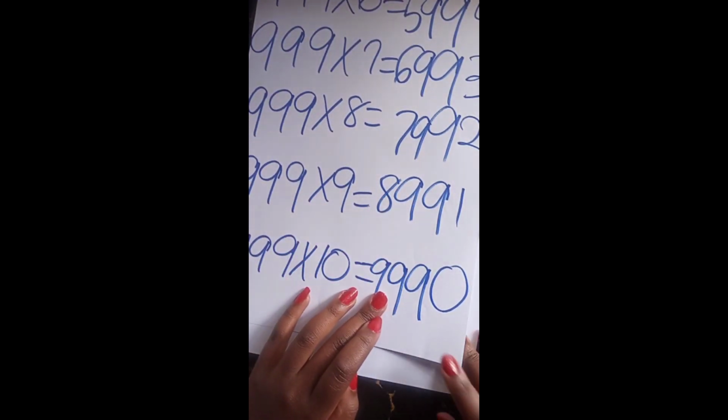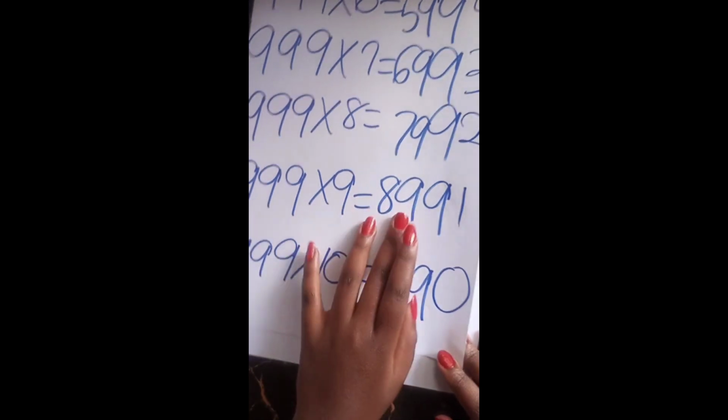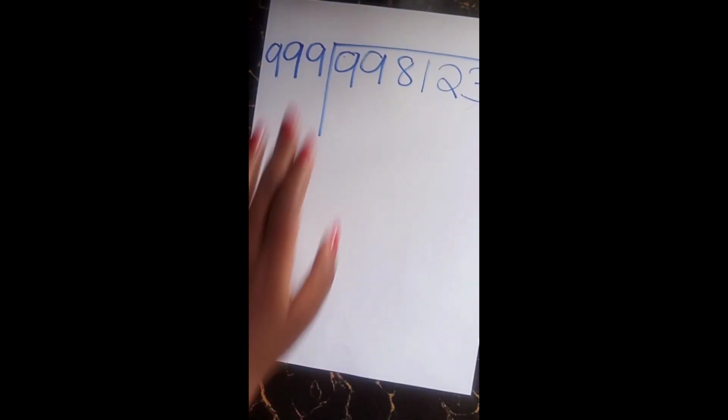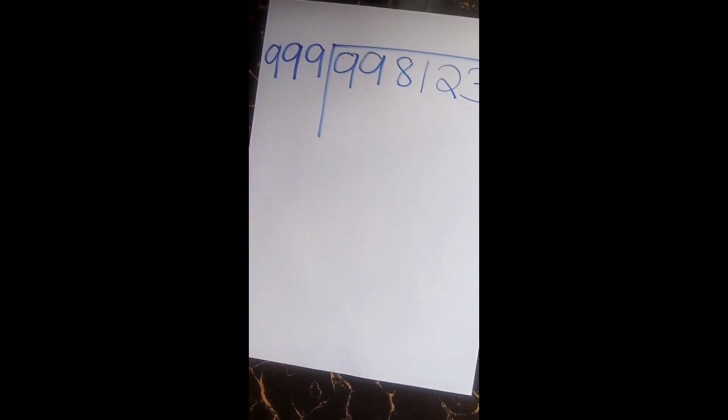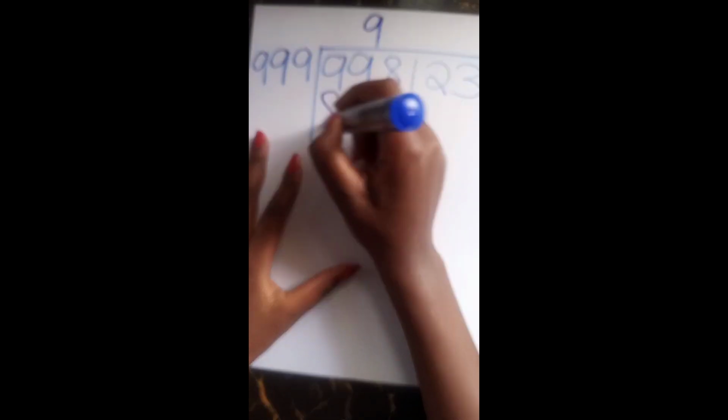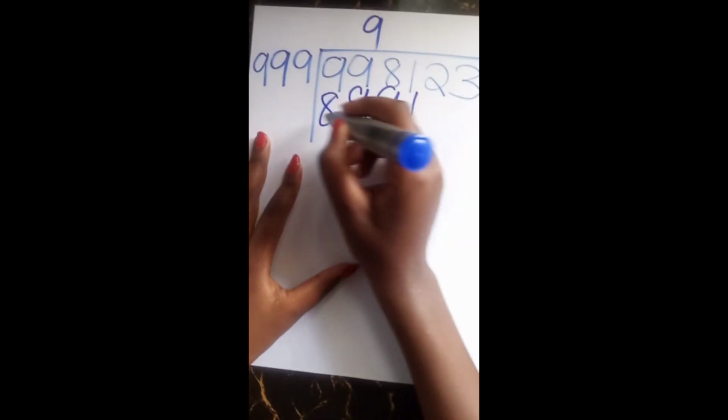So that means that we'll go with this because this is less than this. So we'll write a 9 over here because as you can see, 9 times 999 is 8,991.